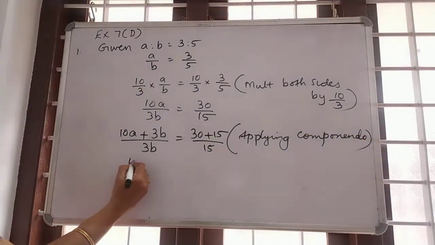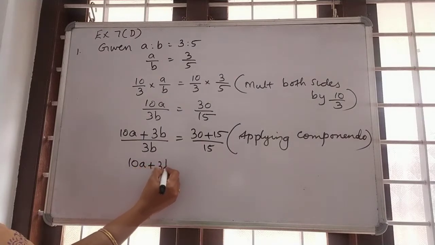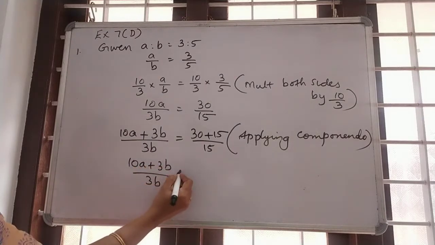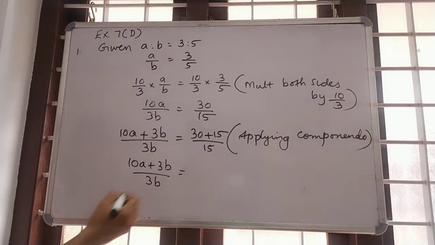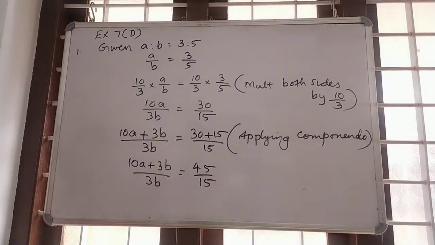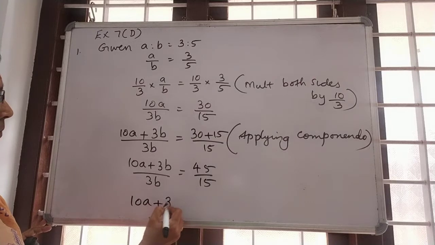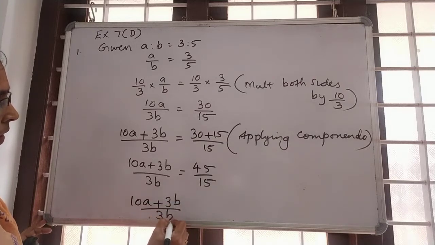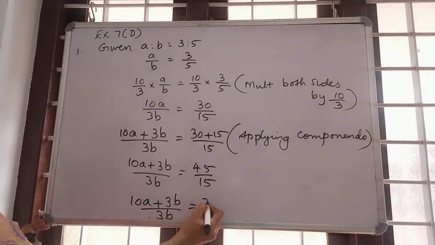So it will be 10A plus 3B divided by 3B is equal to 45 divided by 15. 45 divided by 15 cancel. So 10A plus 3B divided by 3B is equal to 3, since 15 into 3 is 45.